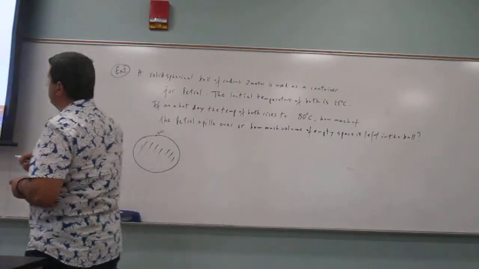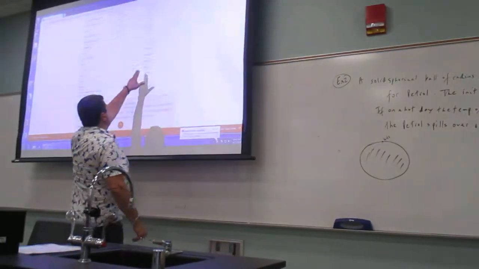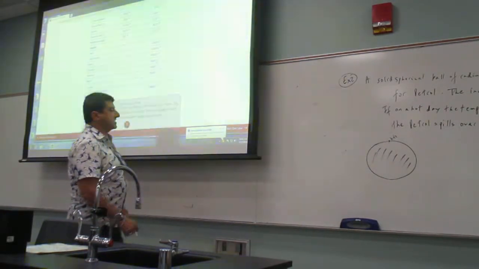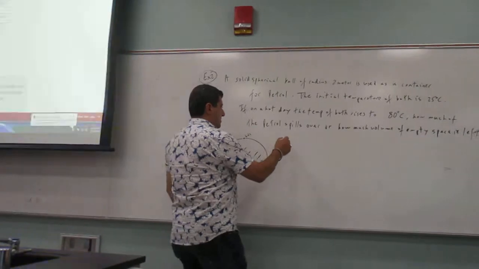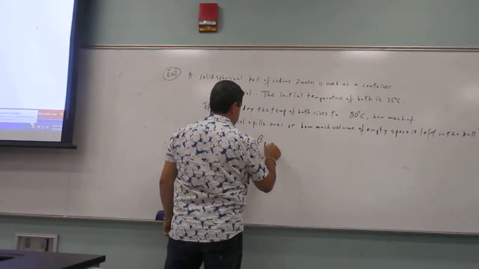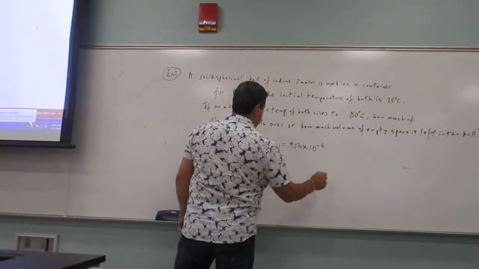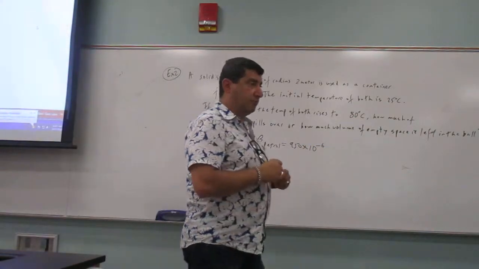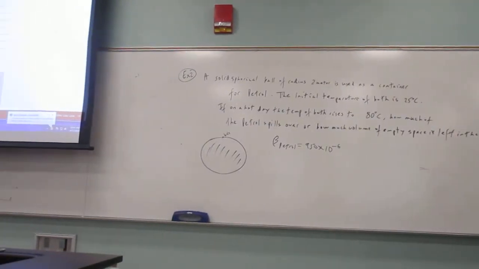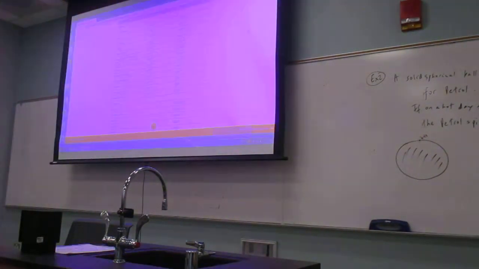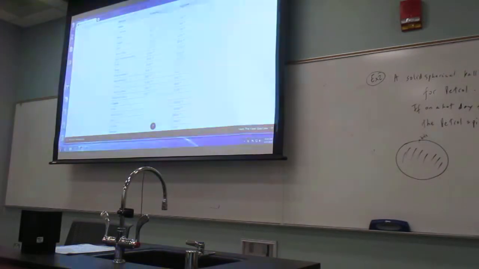Well, petroleum, we already have here the beta of petroleum, 950 times 10 to the minus 6. And then let's say the bowl is made of brass bowl, let's say.